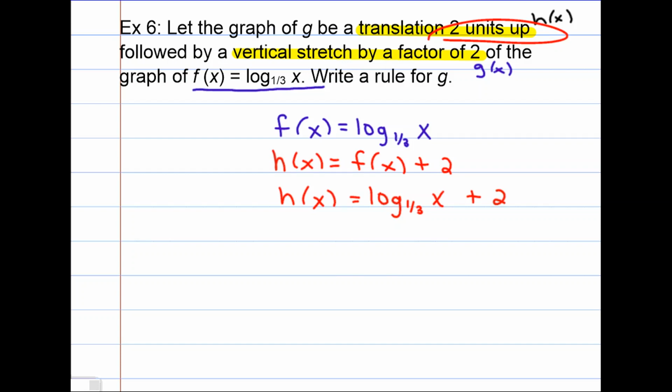That part's done. Now I can go to g of x equals, it says vertical stretch by a factor of 2. Vertical is on the outside. It's a vertical stretch, so it's in front, factor of 2, times my h of x. That just means I am multiplying every single solitary piece by 2.